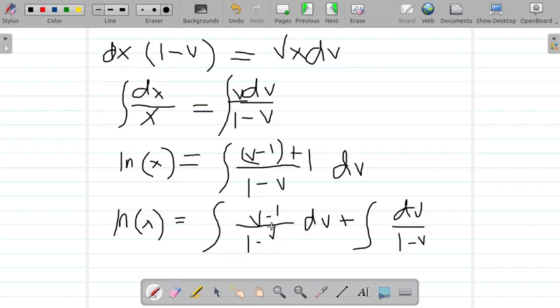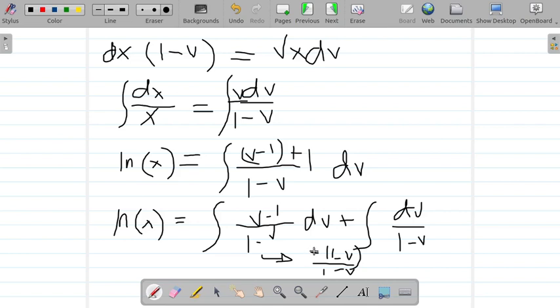Then, kaning v minus 1 over 1 minus v, pwede nato ni siya i-rewrite as, kung ipagawas na to sa negative, v minus 1 over 1 minus v, sorry, kung ipagawas na to sa negative 1 minus v over 1 minus v.